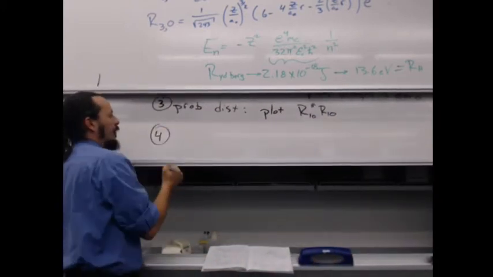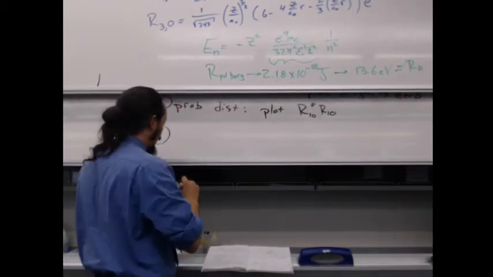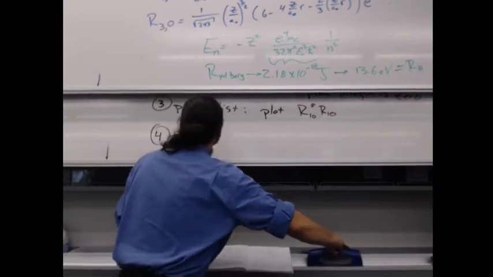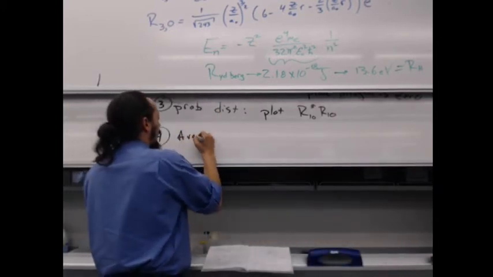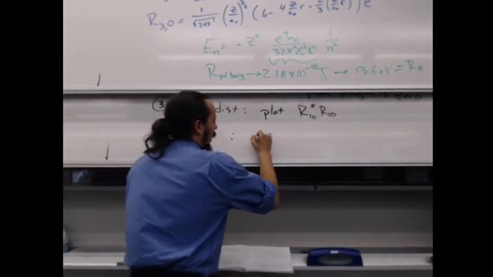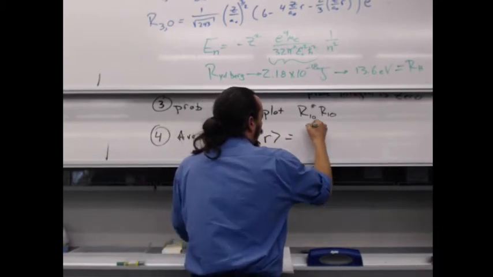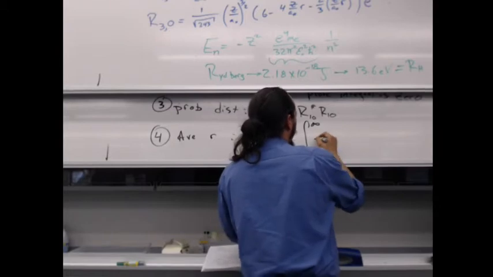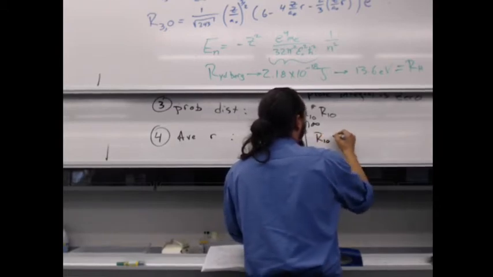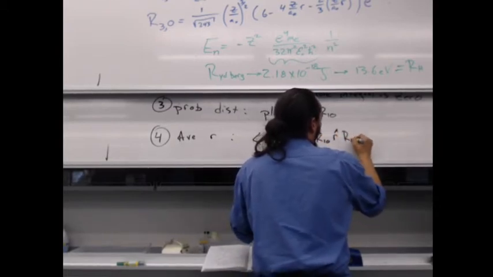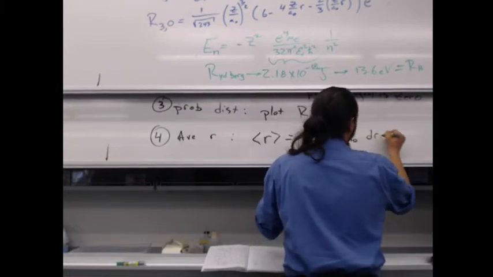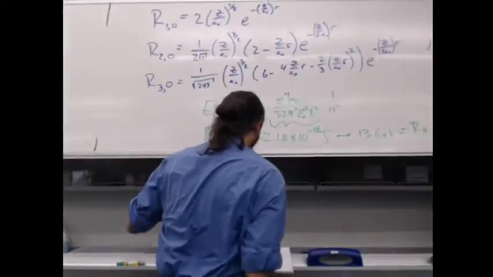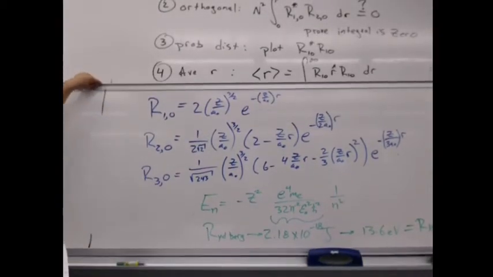And the thing that we're actually going to do in just a moment is calculate average values: the integral from zero to infinity of R10, r hat, R10, dr. Right, so those are the four things we could do.